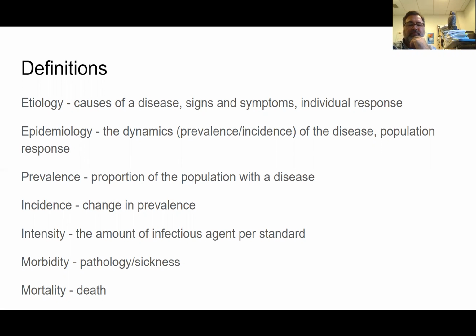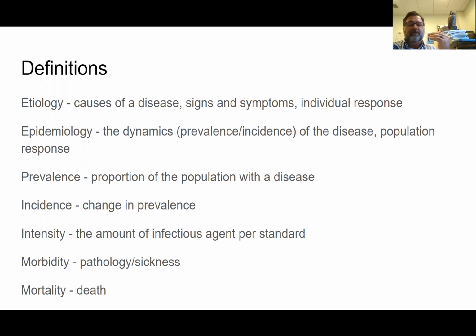The intensity of a disease is the amount of infectious agent per some standard. So if it's a virus and it's measured in blood, which would be called viremia, it would be the number of viral particles per, say, cubic millimeter or some mass.